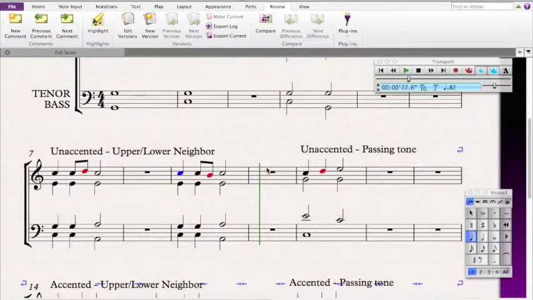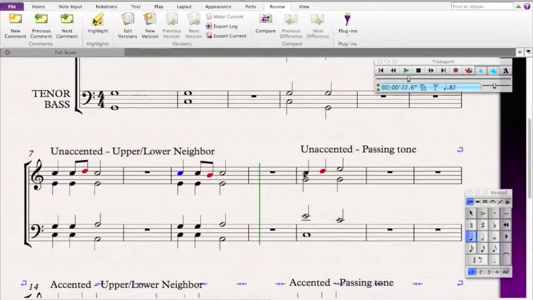Now we have the unaccented passing tone. The passing tone also has a pretty good name because it acts as a way to get from one chord tone to another in a linear way, in a scalar way. So it acts as a passage in between two chord tones.